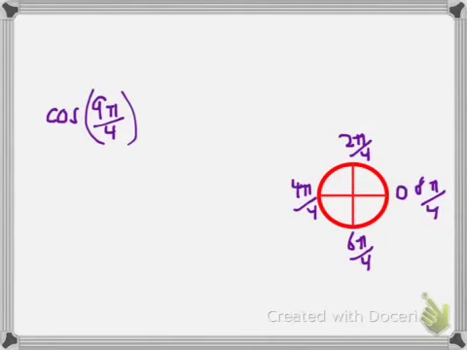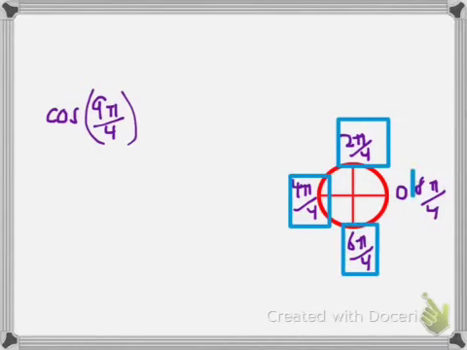Here's another example of a problem where we've gone around the circle once and we're going around a second time. I've drawn the circle there this time, and instead of pi on 2, pi, 3 pi on 2 and 2 pi, I've put everything over 4. So 2 pi on 4, 4 pi on 4, 6 pi on 4 and 8 pi on 4. Now 9 pi on 4 exceeds 8 pi on 4.